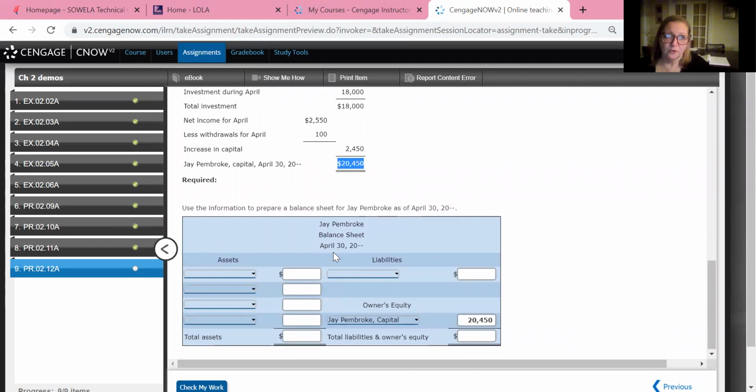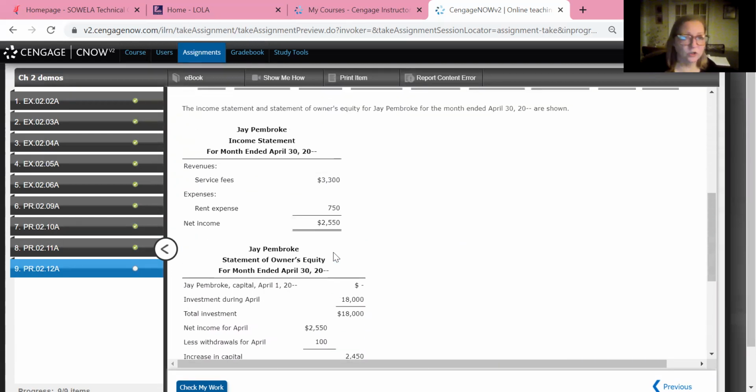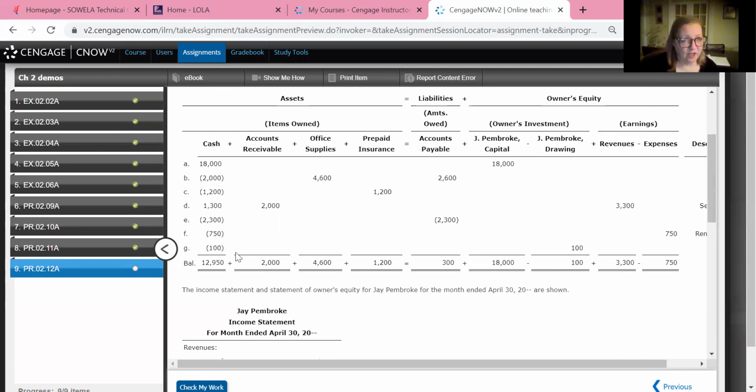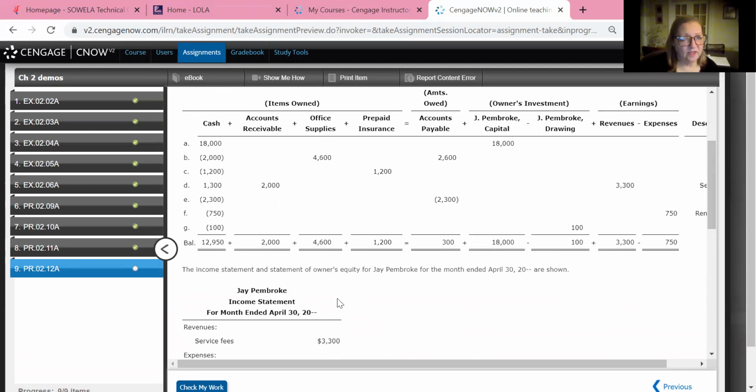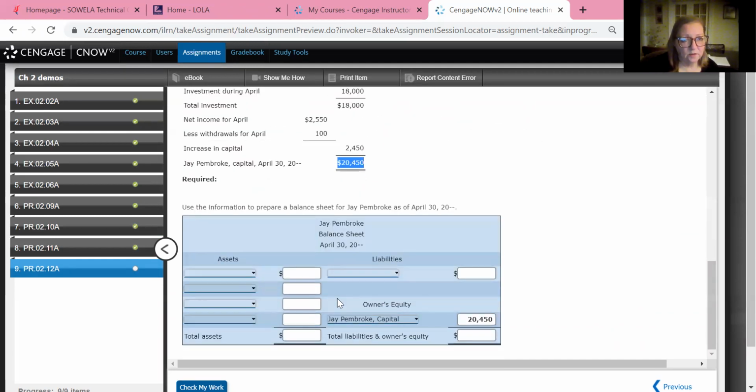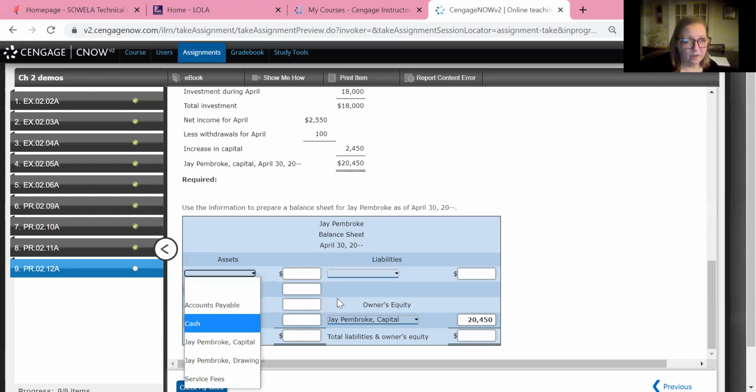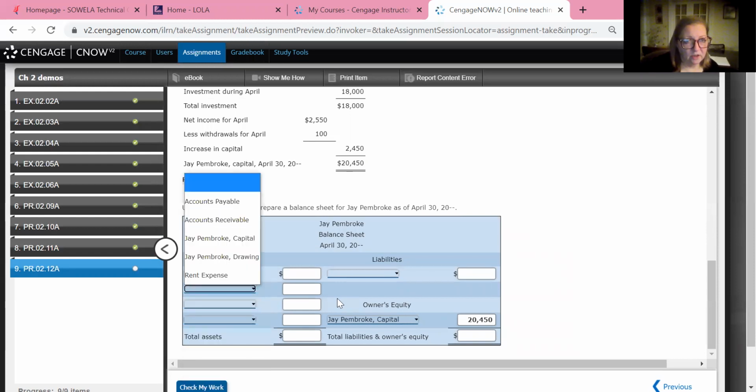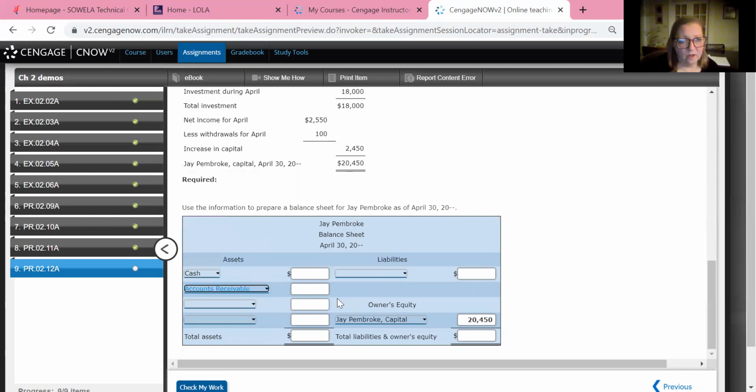So now the other figures we need for our balance sheet are just in the worksheet. The cash account balance, 12,950, the accounts receivable balance of 2,000. So let's just go ahead and pull them. Cash, accounts receivable. The cash balance was 12,950.